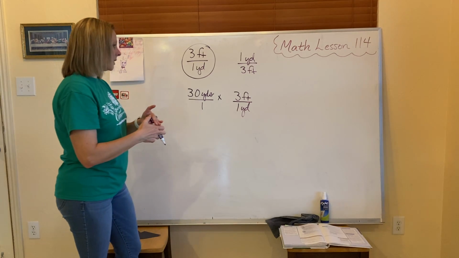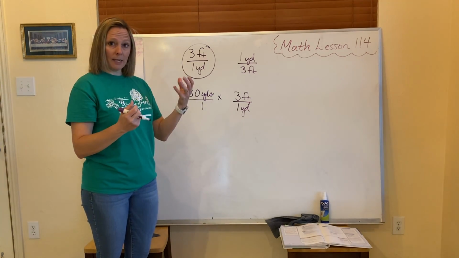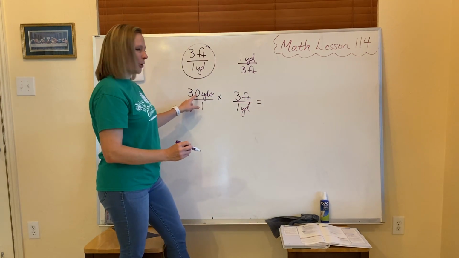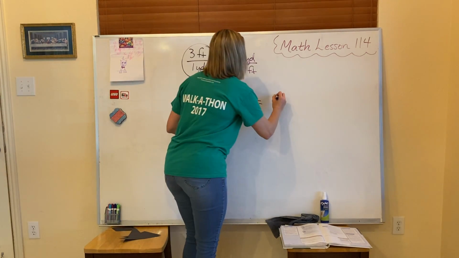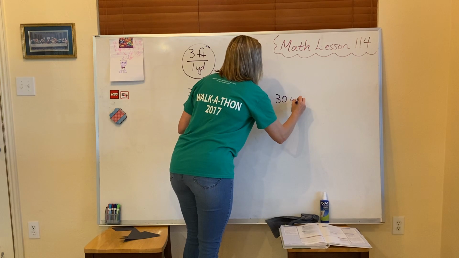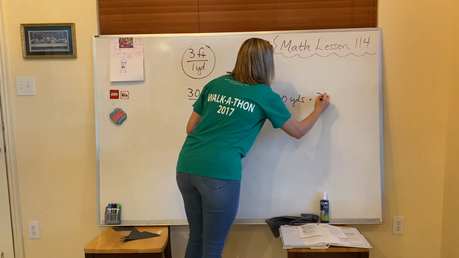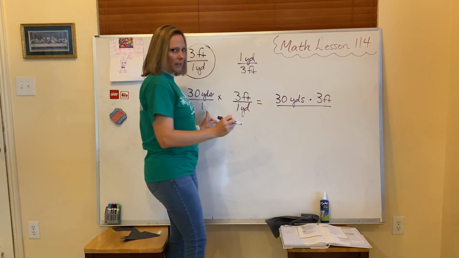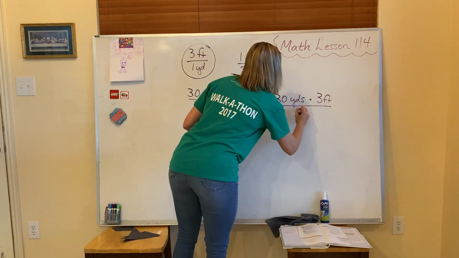We're multiplying, right? So we can think about it this way now. 30 yards times 3 feet over 1 times 1 yard.